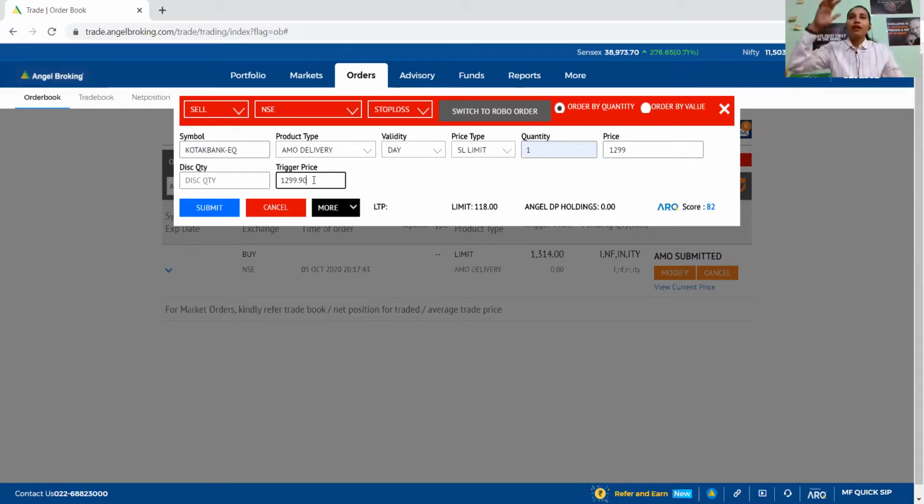For example, the market starts going down badly from 1314, and all of a sudden, the nearest price which is possible, it gets executed at that level. You can even place it at like 1298. Oh, sorry, this will not be placed. This always has to be greater than that. Yeah, sorry. So trigger price will always be greater.